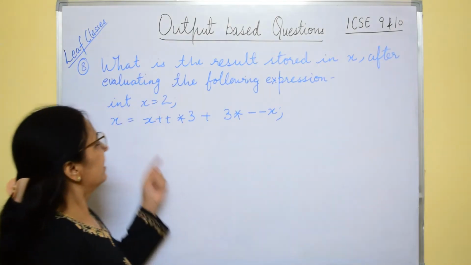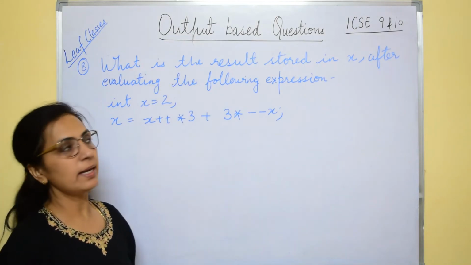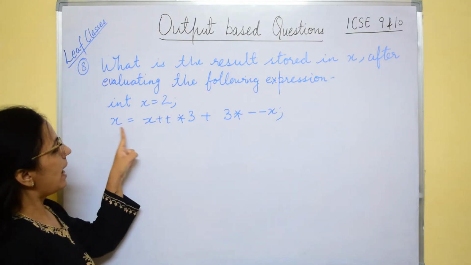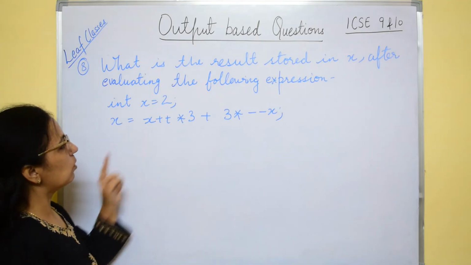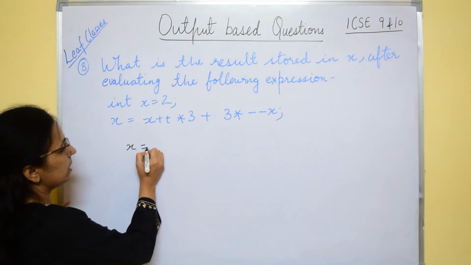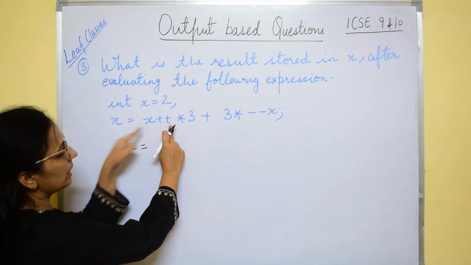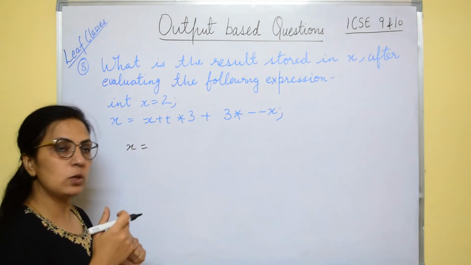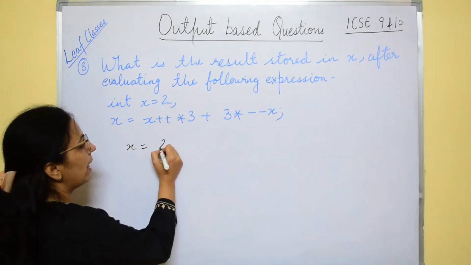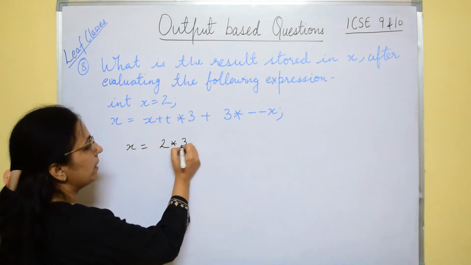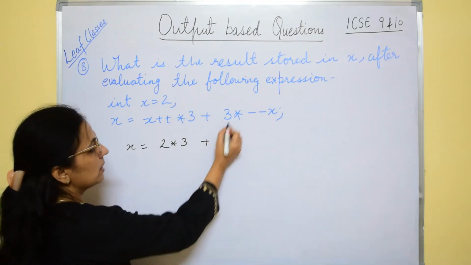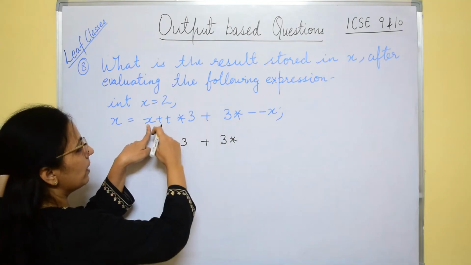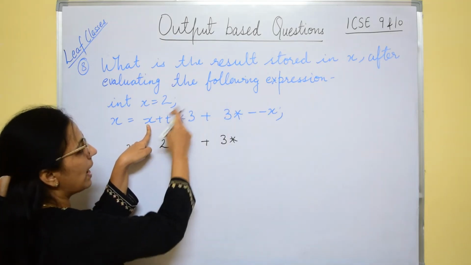Okay. The next question, what is the result stored in x after evaluating the following expression? x is given 2 and the expression is given x = x++ * 3 + 3 * --x. So let's solve. It is post increment. Post increment will change the value after using the value. So the value will be 2 multiplied by 3 plus 3 multiplied by, now when it will go here, it will go as 3.